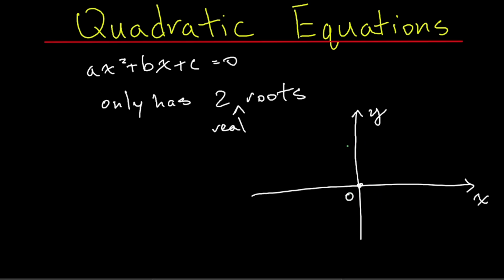If the quadratic looked something like this, then yes, there would indeed be two roots. There would be one here and one here, right? But instead, if the quadratic looked something like this, we can see that this is not going to cut the line x equals 0 or y equals 0 at any point. And therefore, there's no roots in this case, or no real roots, I should say. There are imaginary roots or complex roots.